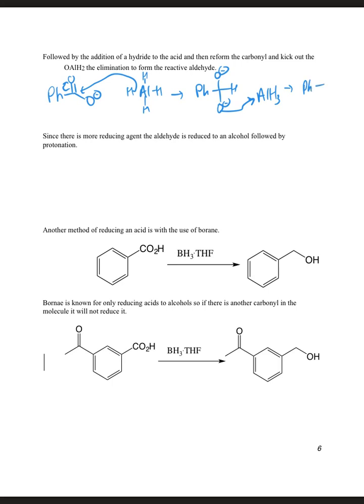So we would get a phenyl with an O-, an H, an O, and an AlH3. We can reform the carbonyl, kicking out that leaving group, and that gives us an aldehyde, of which the AlH2O- could transfer 1 hydride off of it to reduce it down to the alkoxide, where we've added 2 hydrogens on, and then we can just add acid to that in the workup to make the alcohol.